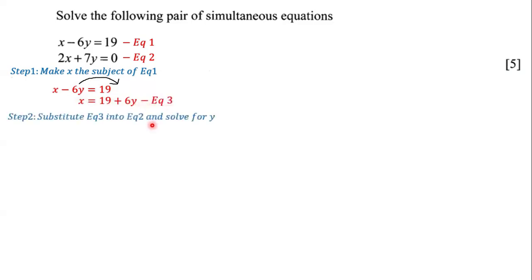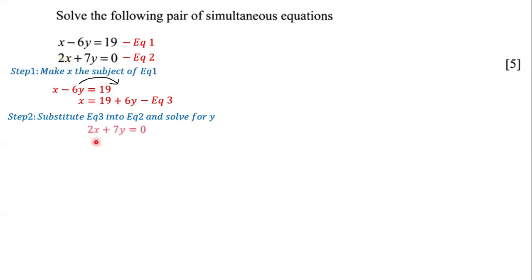And the next thing that we do is we have to substitute equation 3 into equation 2 and solve for y. So we already know that x is equal to 19 plus 6y. That is what x is according to equation 3. So we're going to use what we got for x, and we're going to substitute it into equation 2.